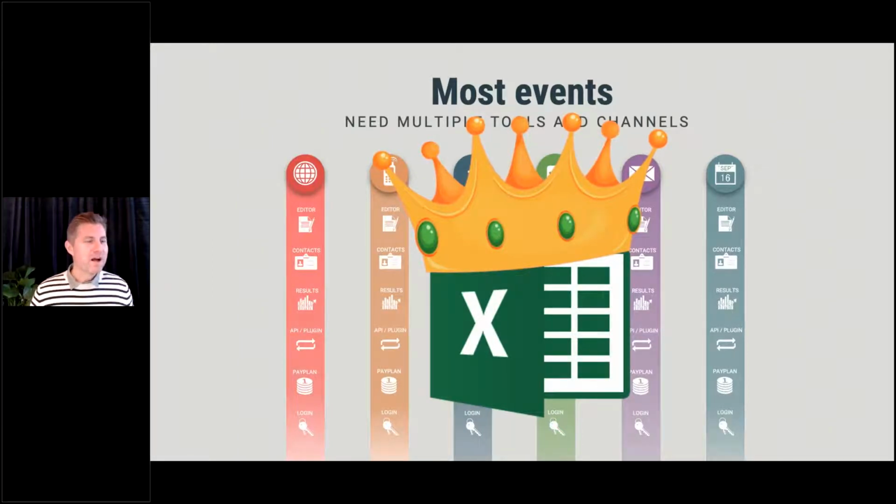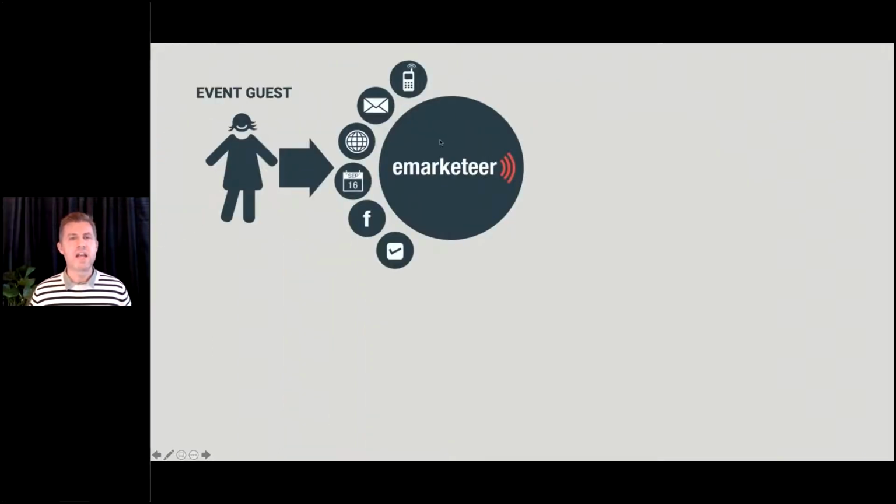There we go. So what we want to make sure with regards to your event communication is a couple of things. First off, we want to make sure that your event guests have a nice, uniform, homogeneous experience, no matter which touch point they are engaging with.